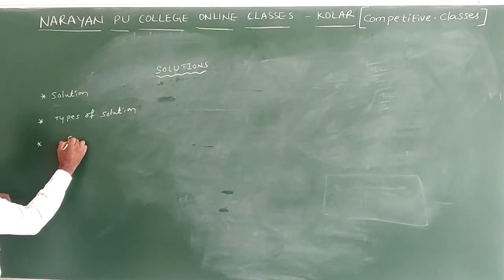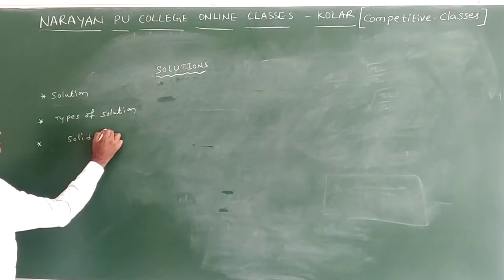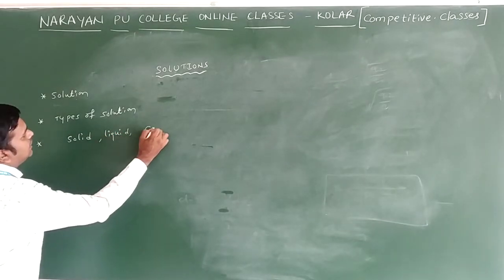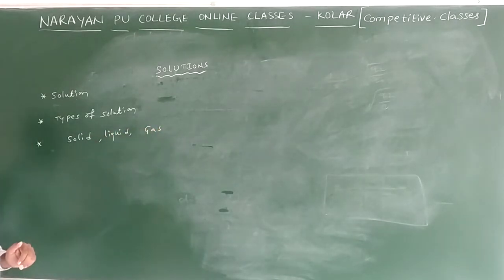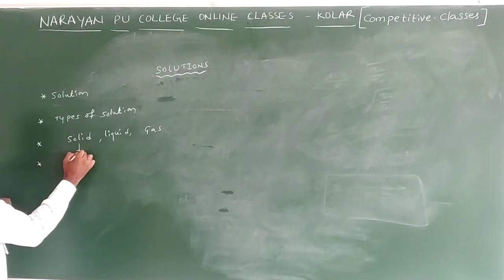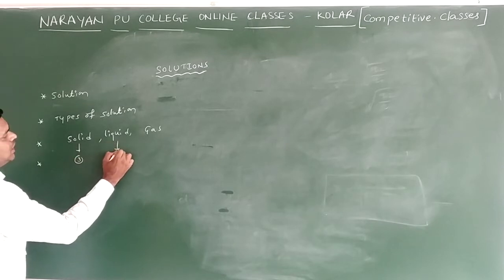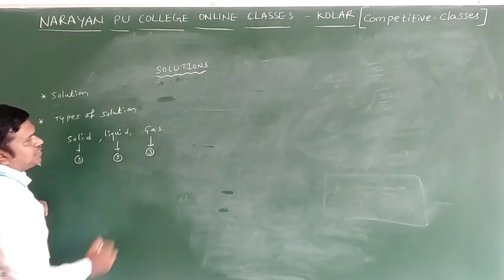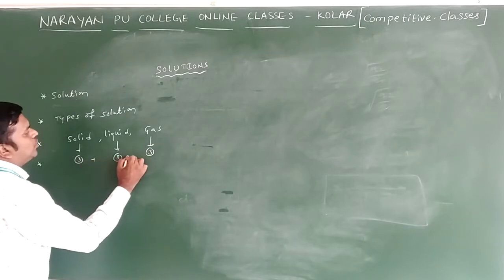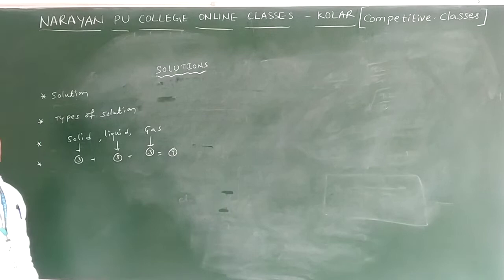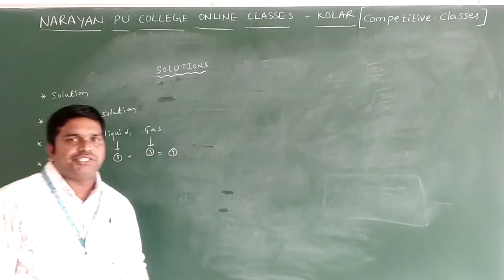We have solid and liquid and gas. So we want to take the combinations. We have solid with three combinations, liquid with three combinations, gas with three combinations. Total we have 9 types of the solution. That is based on the solute and the solvent.